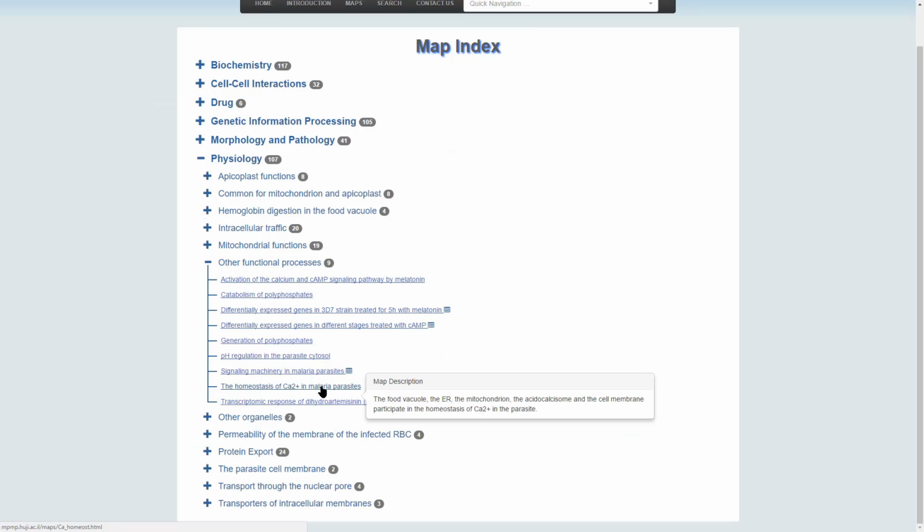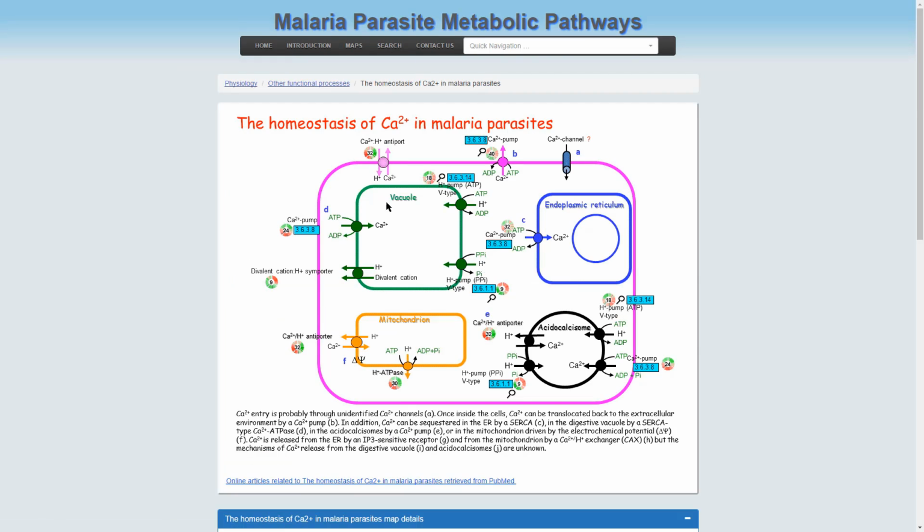And here is another example of how calcium is maintained in the infected cell. Essentially, we see a group of intracellular organelles with the relevant pumps that accumulate calcium and keep the cytosolic calcium at the desired low concentration.